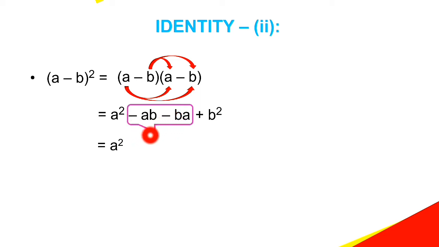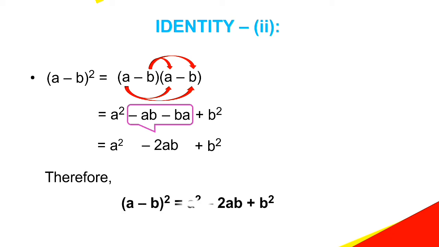We have to add, but the symbol is negative. So minus 2AB plus B square, right? Therefore, A minus B whole square is equal to A square minus 2AB plus B square.